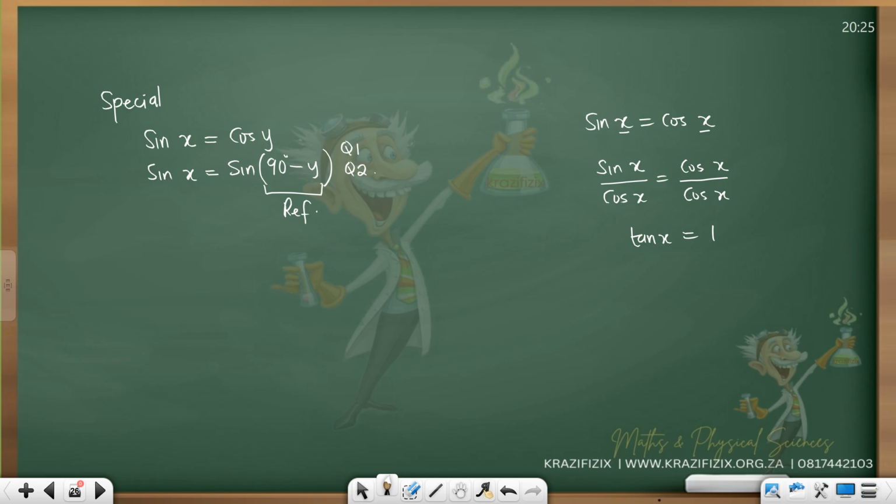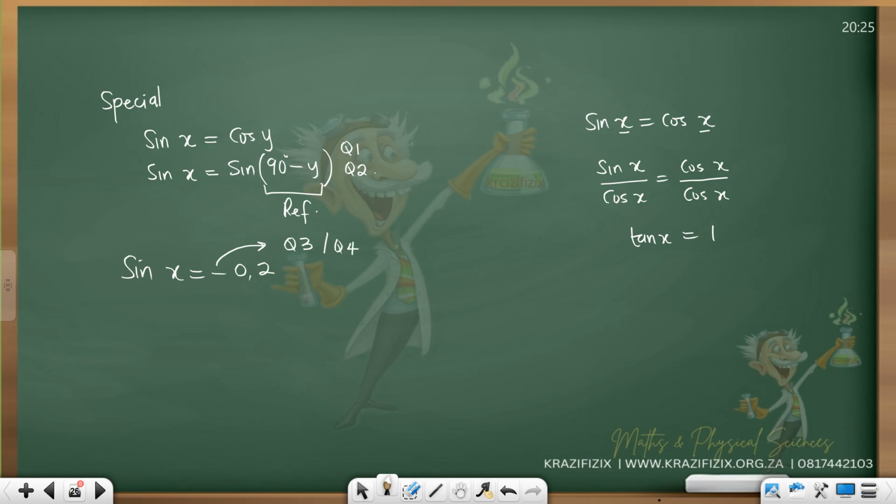You are welcome. Michelle, what's up? Your hand is up again. I quickly wanted to ask, for general solutions, how do you know which quadrants to work with? Look at the sign. For example, if I have sine x equals negative 0,2, where is sine negative?